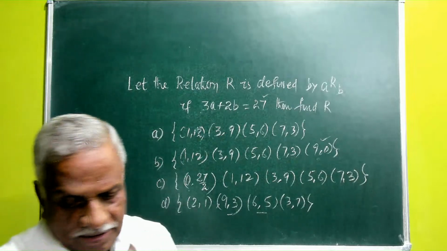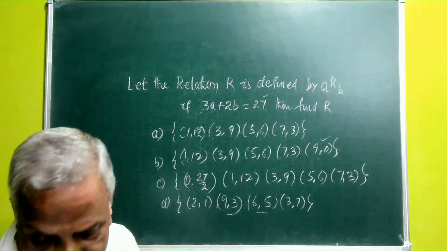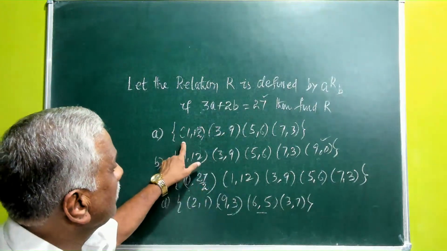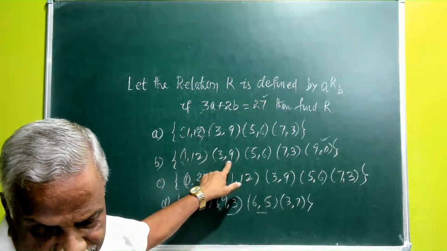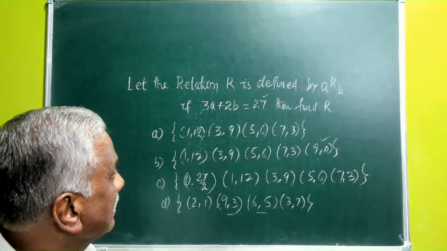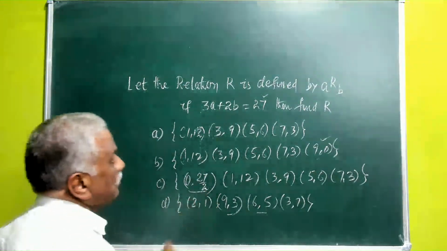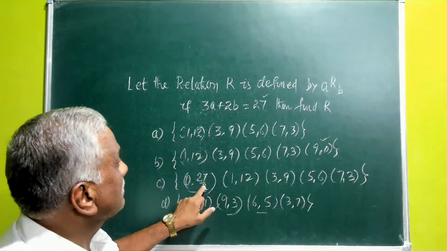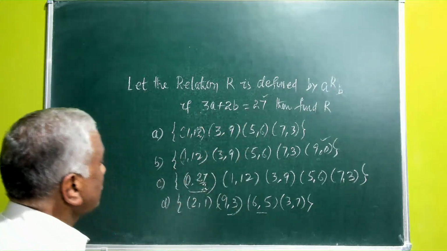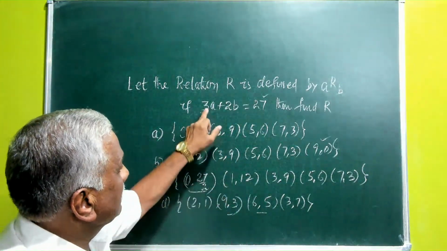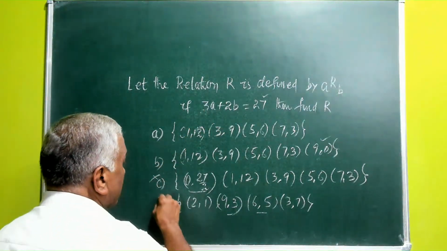So that is not possible. Then you have to find out one number which is not present here: 1 comma 12, 3 comma 9, 5 comma 6, 7 comma 3. And here, in case you substitute 0 and 27 by 2, you are not getting 27, therefore this is not the answer. And if you substitute 9 comma 3, 9 times 3 itself is 27, this cannot be the answer.